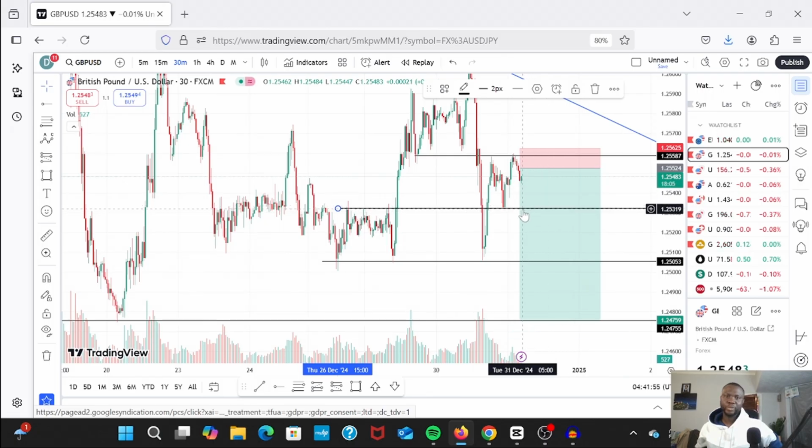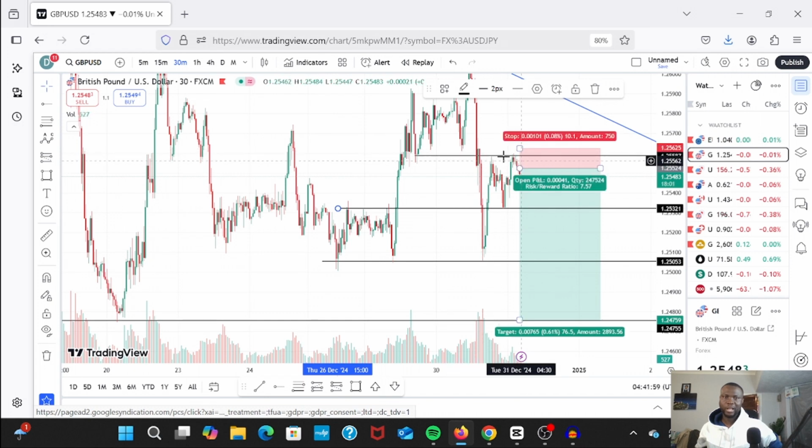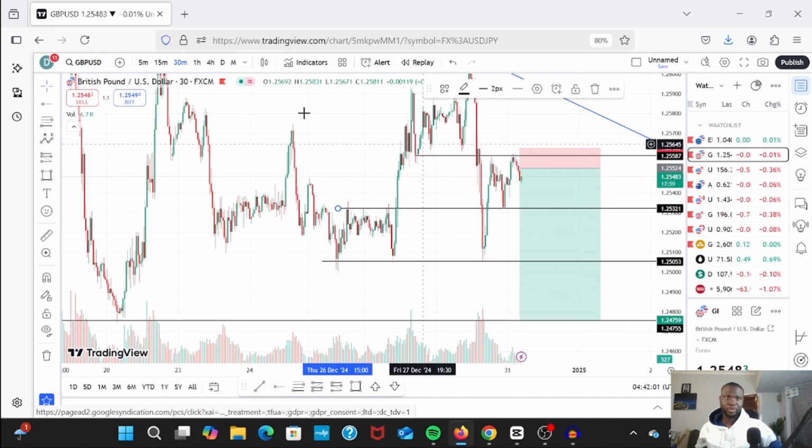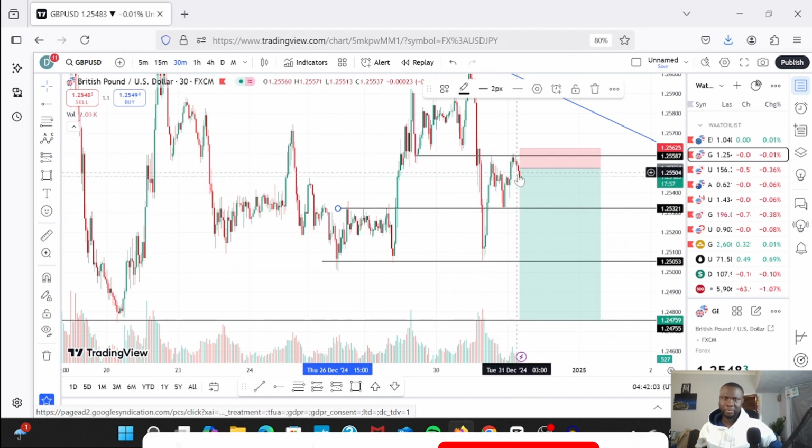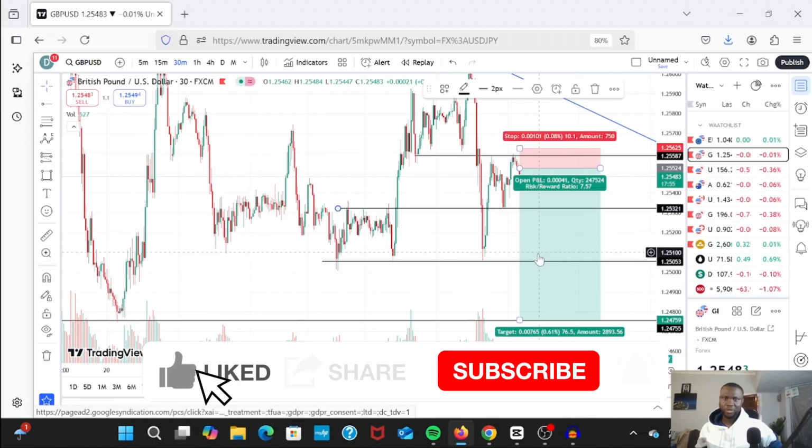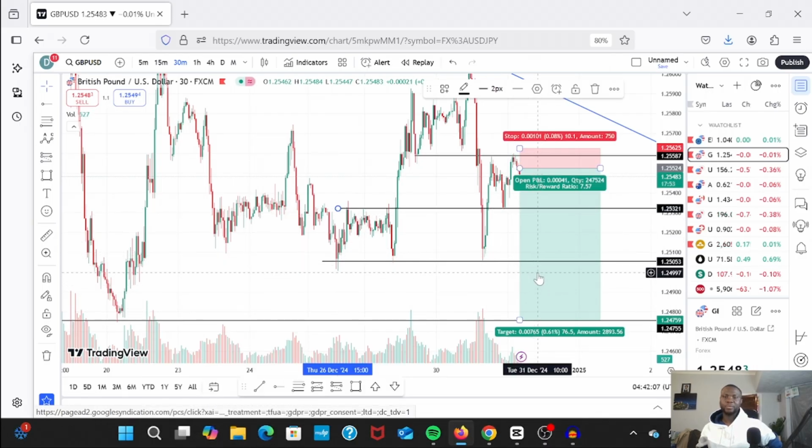We're expecting it to break this point because we've already had a double top in our 30 minutes. So we're expecting a breakout at this point so that the market can keep moving down.